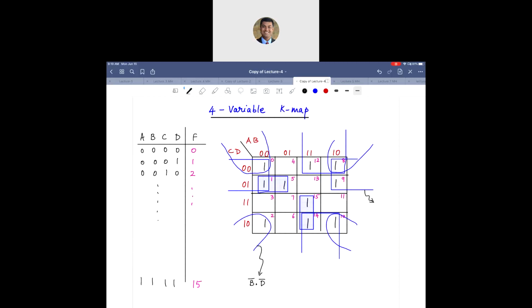B is 0 and C is 0. How about the last group of 4 ones, which was the one that I overlooked? 12, 8, 14, 10. That is, let's see, A is 1 and D is 0.